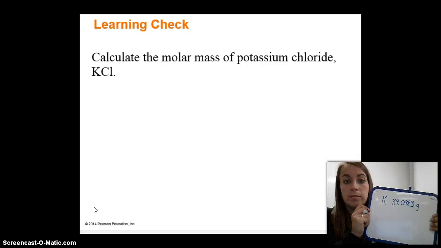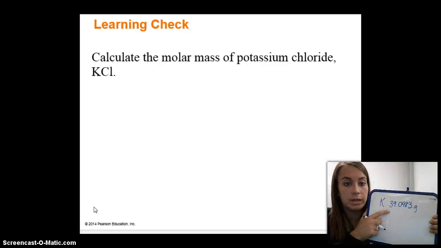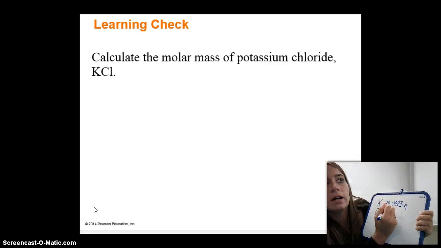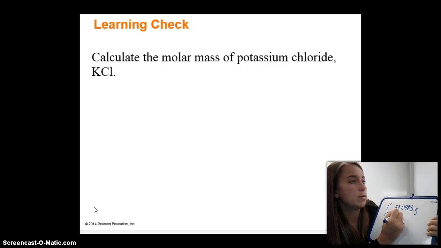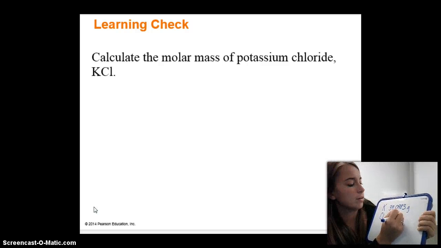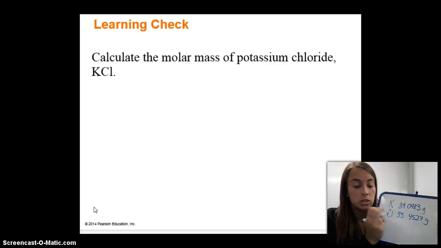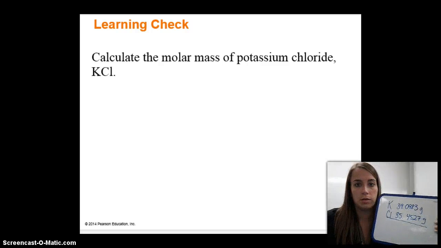If we have a mole of potassium atoms, it would weigh 39.0983 grams. We only need one of those because we only have one potassium. And then chlorine has a mass of 35.4527 grams. That's its molar mass.